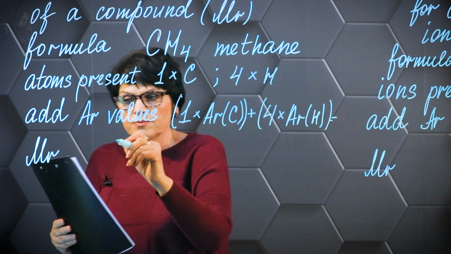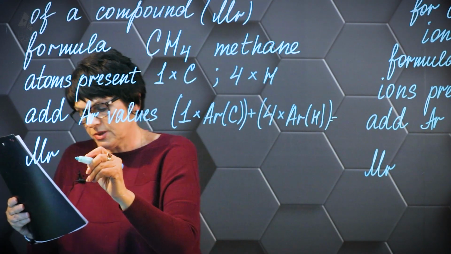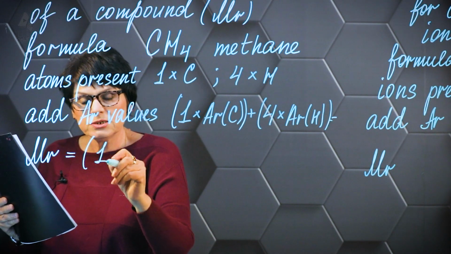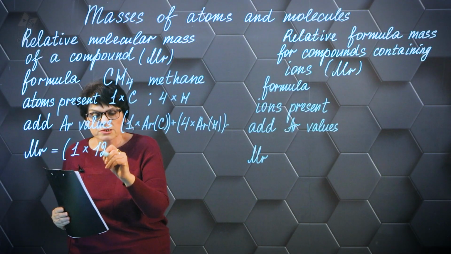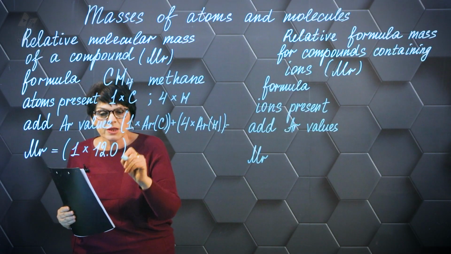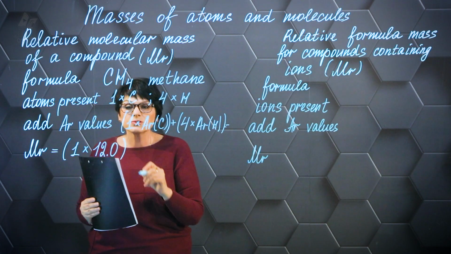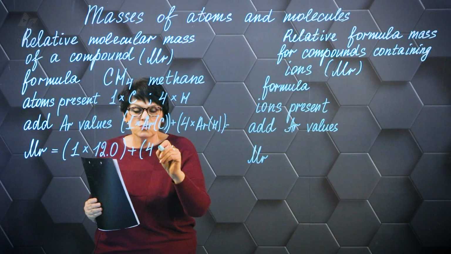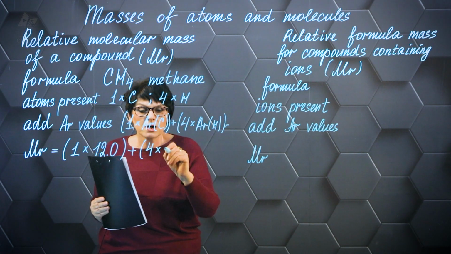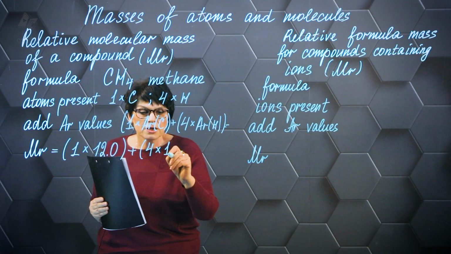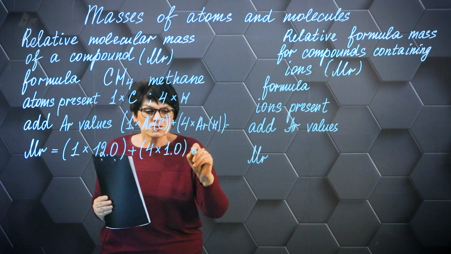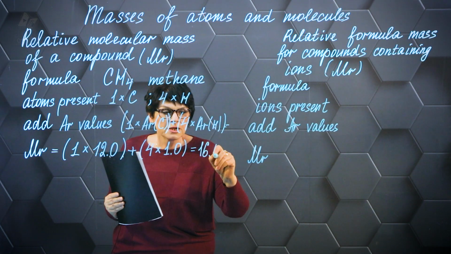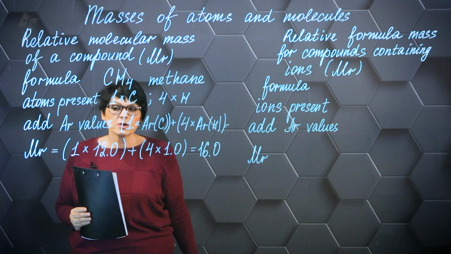Let's do the calculation: 1 multiplied by 12, plus 4 multiplied by the mass of the hydrogen atom, 1. The result of the calculation is 16, the relative molecular mass.